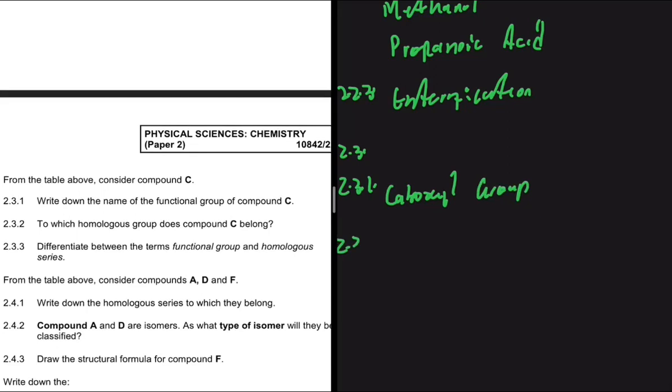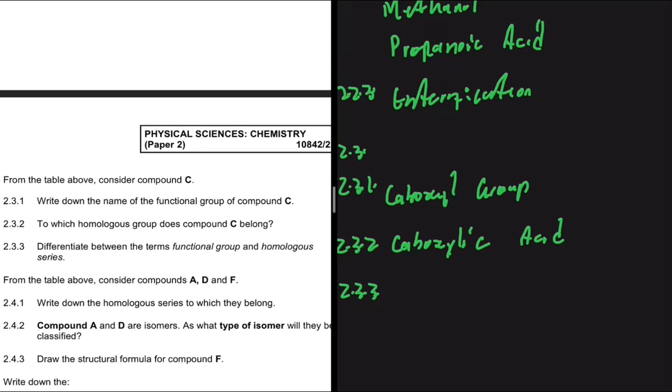And then 2.3.2, to which homologous group does compound C belong? It is a carboxylic acid. That's an easy question to answer. It is a carboxylic acid. 2.3.3, differentiate between the terms functional group and homologous series. This question is actually just asking you to define homologous series and functional group.